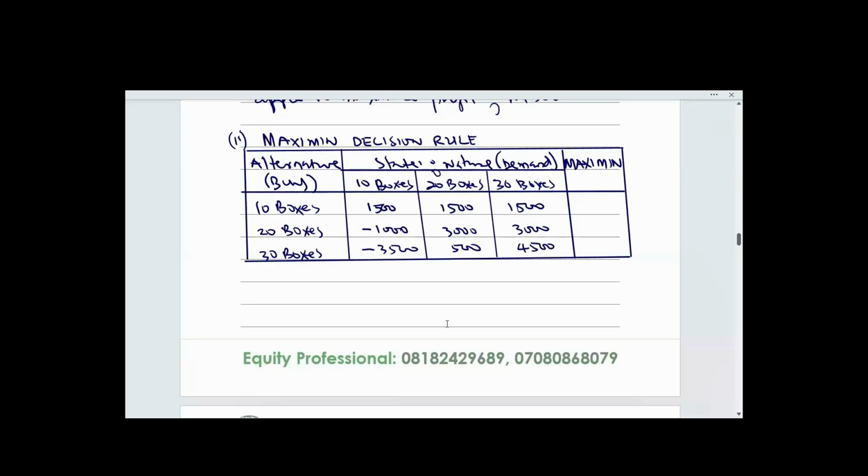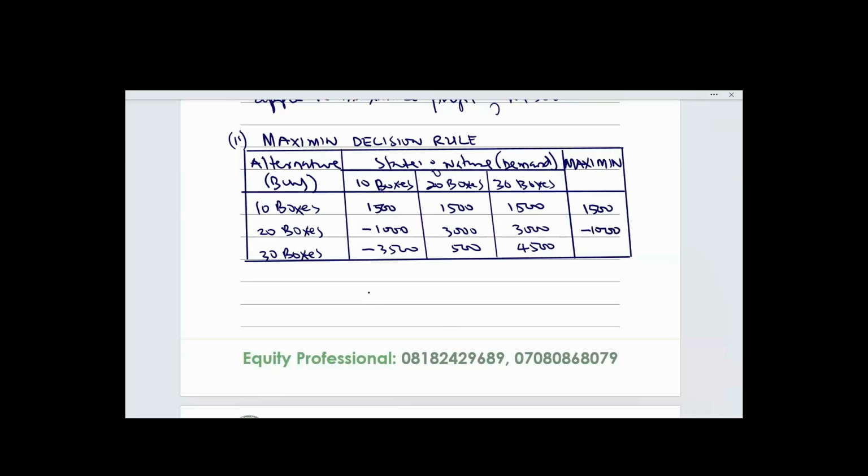So to determine, using the maximin decision rule, we are supposed to select the worst occurrence in each row, that is the least figure in each row. In the first row, all the figures are the same, just select 1,500. In the second row, minus 1,000 is the least.